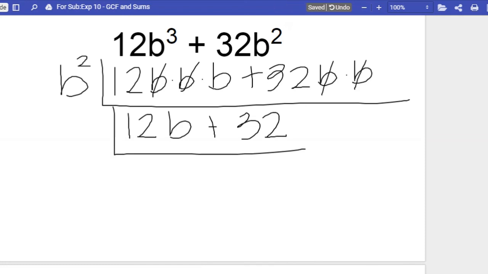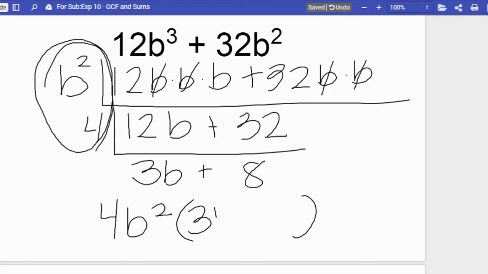Okay, my 4 comes out. 12 divided by 4 is 3, but I still got that B. 32 divided by 4 is 8. So if I look at my 3 and my 8, nothing else in common. So greatest common factor is out here. 4B squared, parentheses, what's left underneath? 3B plus 8.